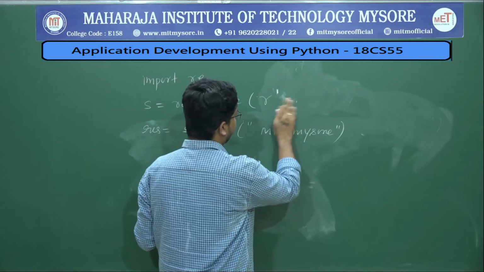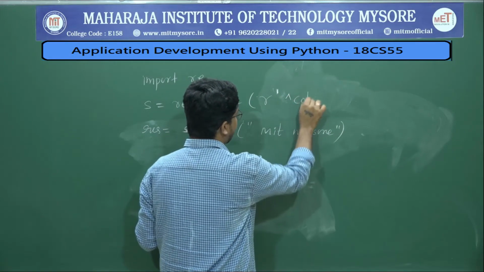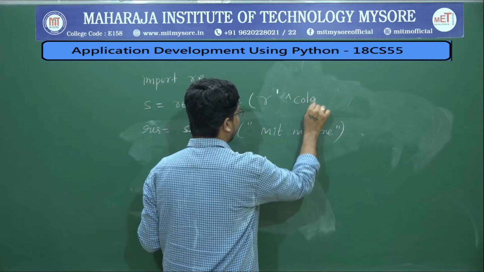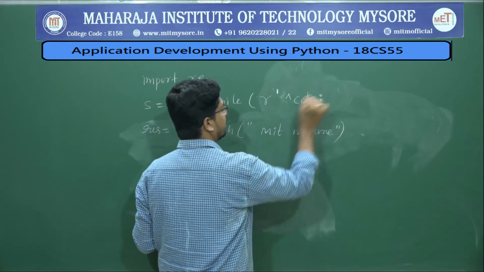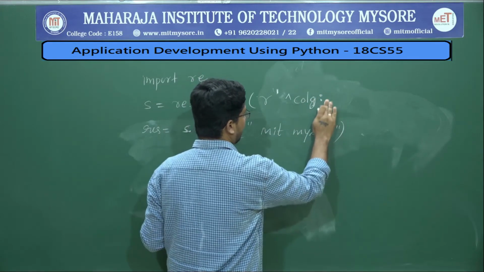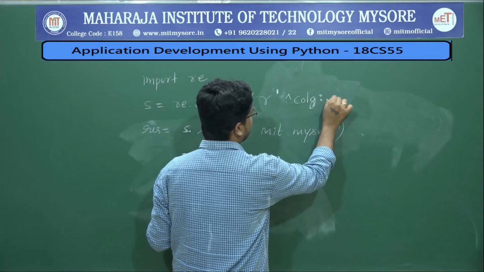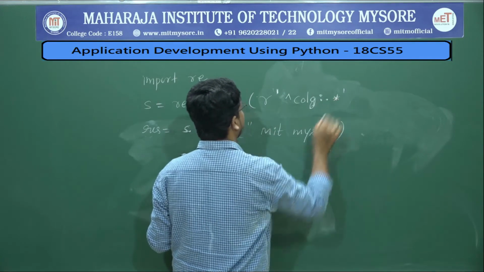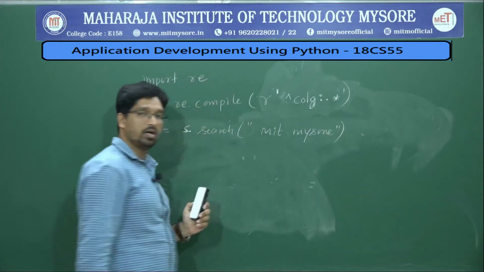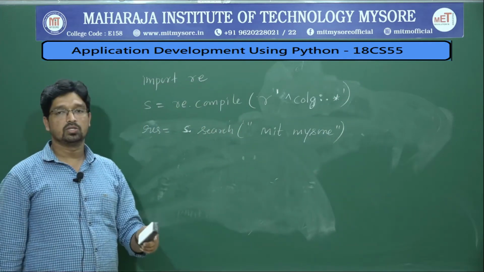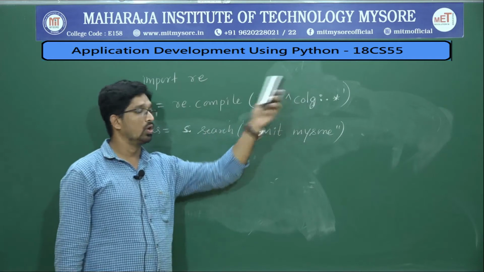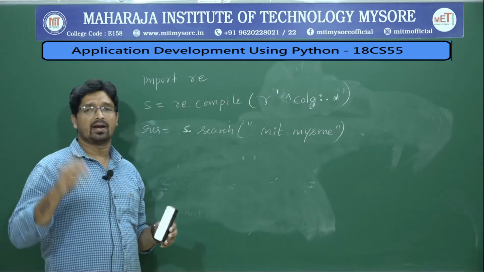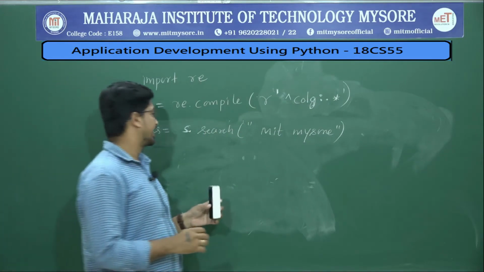What about if I want to match a string starting with college colon followed by dot star? My input string should start with college colon followed by any number of characters.